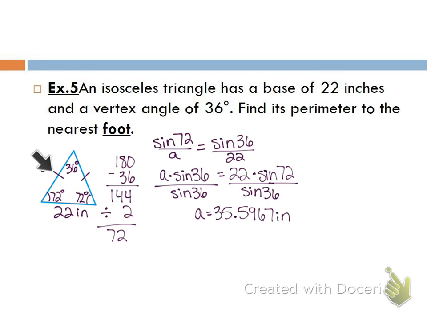Okay, so if we know the side that we labeled A, we know the other unknown side is the same, they're congruent. We are asked to find the perimeter, which means we would do what? Add all the sides together. So I'm going to take 35.5967 plus another one, or you could multiply it by 2, plus what else?